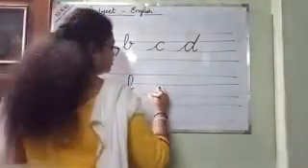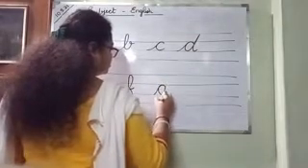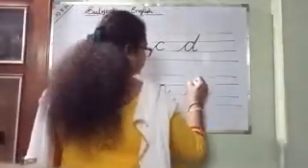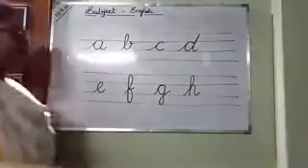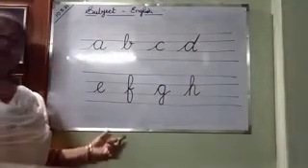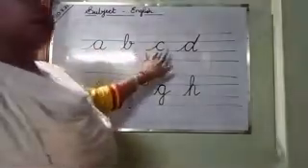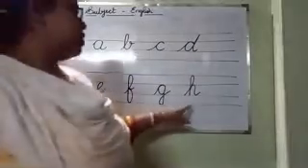Next, G. And next, H. Okay. These are the alphabets I have taught you. Small letter A, B, C, D, E, F, G, H.